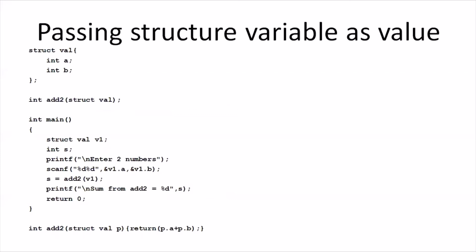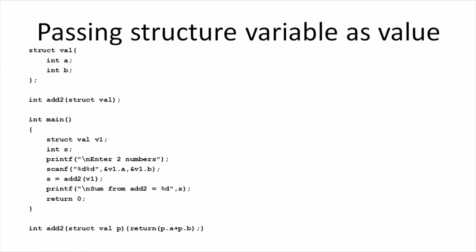Again, in the main function, we create a variable v1 of type struct val, and we take 2 numbers as input from the user which are stored as the members a and b of the variable v1. Next, when we call the function add2, instead of passing v1.a or v1.b, that is the structure members, we now pass v1, which is of type struct val.